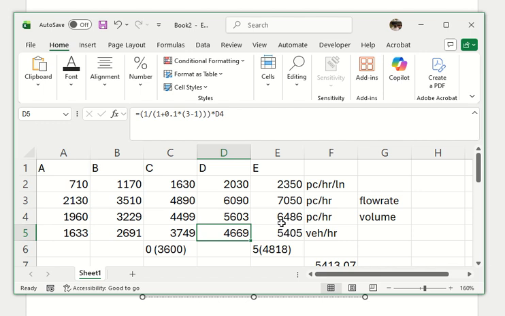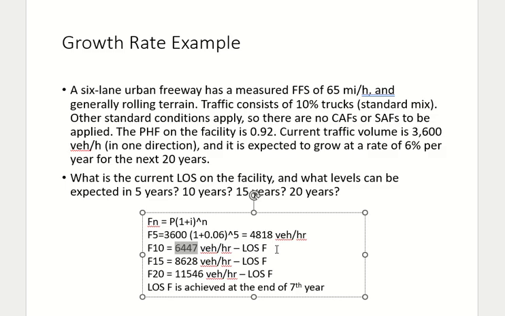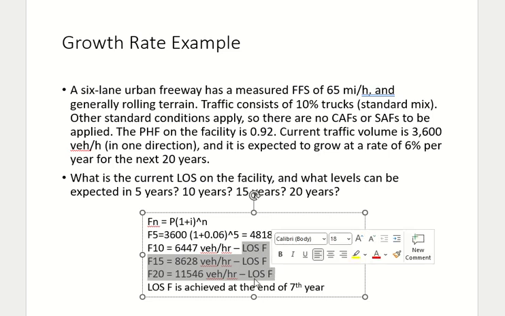You can see I have crossed E as well, so after E I'm only in level of service F. That's why all the remaining years have level of service F. The logic is when you have crossed E, you can only have level of service F, and since the traffic keeps on increasing, level of service will remain F.